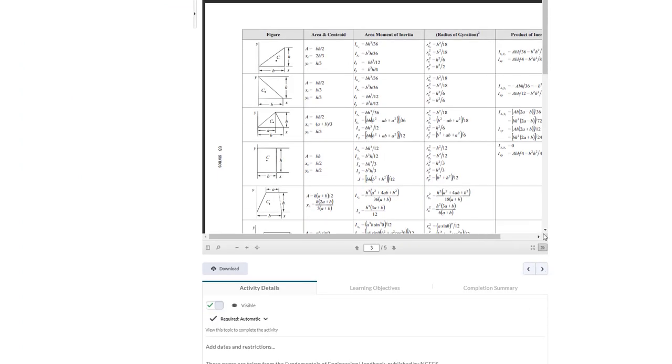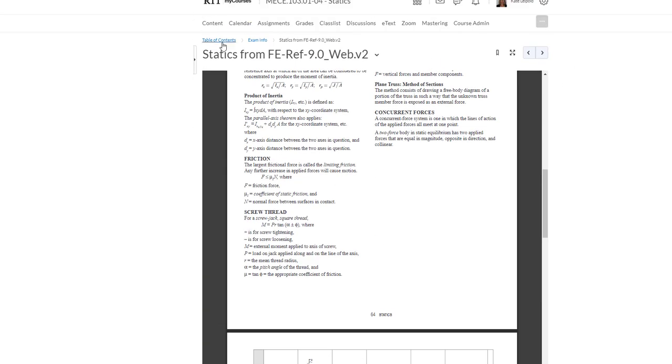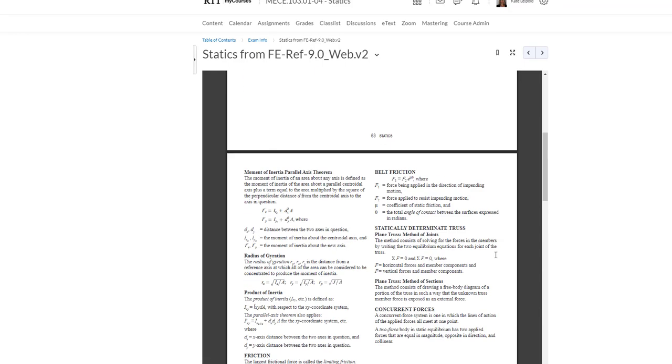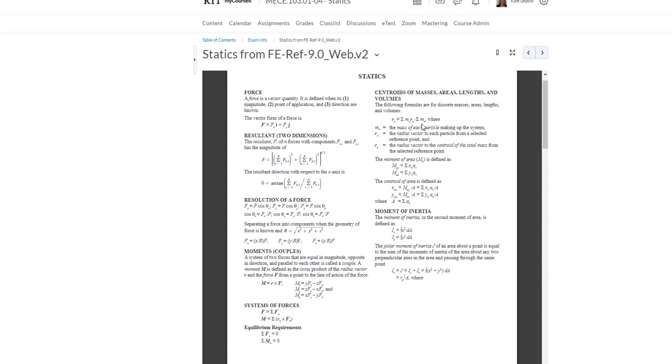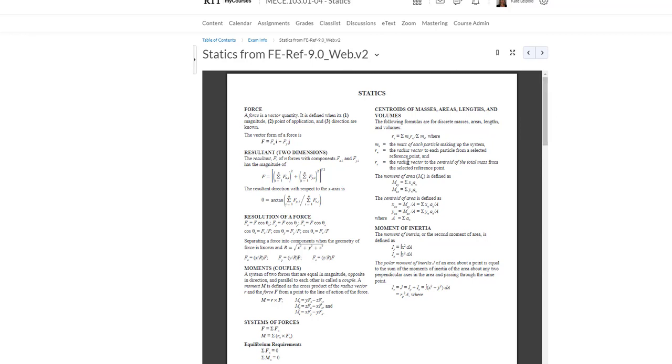I've already kind of changed this, but let me show you one of the tools we have. Okay. So in my courses in the content under exam info, you have access to this beautiful set of equations. This is the statics section of the FE handbook. And the FE handbook is a handbook that's available if you take the Fundamentals of Engineering exam after your 4th year.